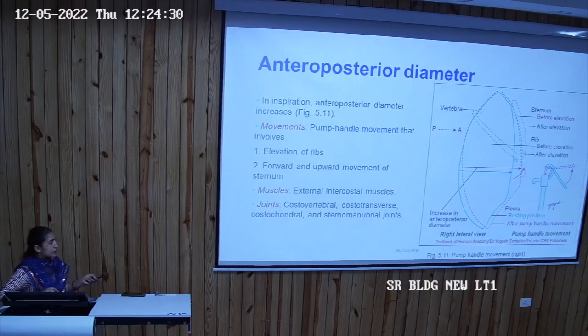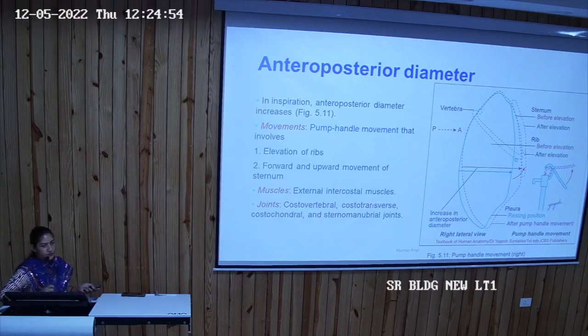So one joint involved is costovertebral, between the head of the rib and the body of the thoracic vertebra. The next joint involved is costotransverse, between the rib and the transverse process of the thoracic vertebra. This involves the tubercle of the rib joining with the transverse process.